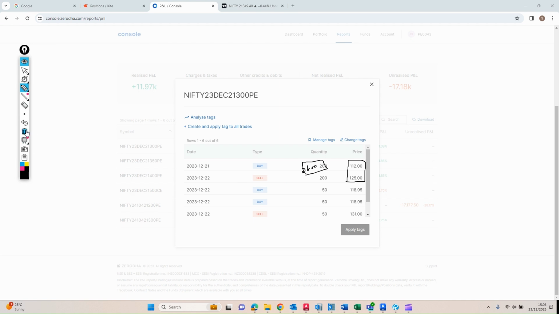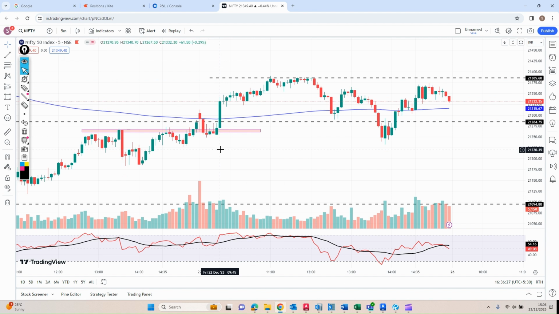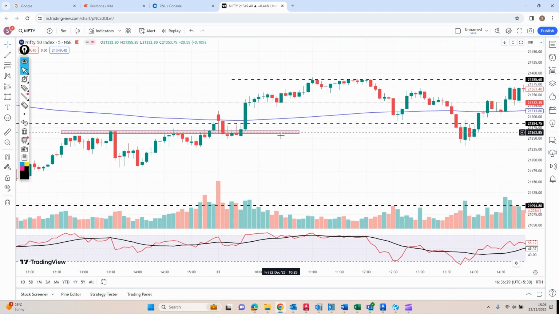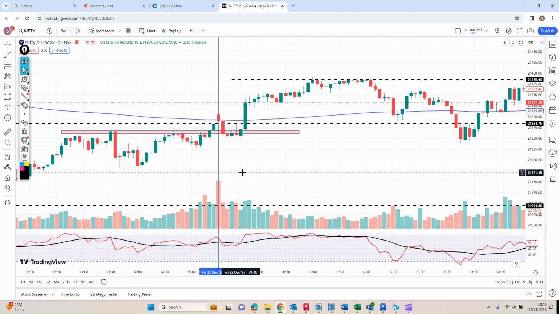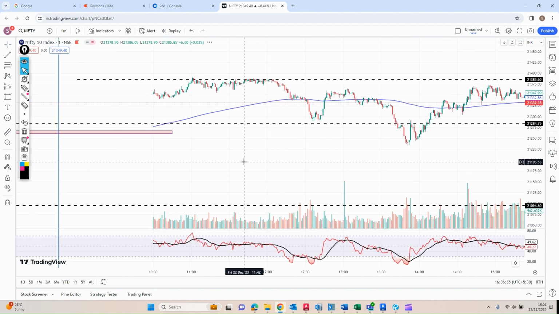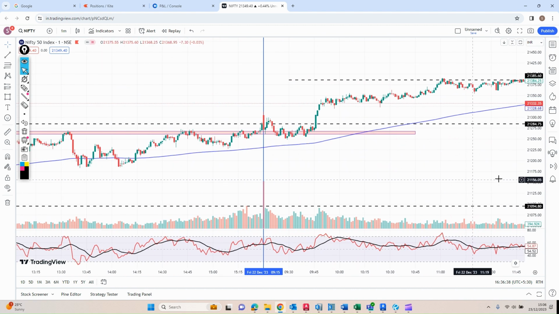So I squared off this position early morning, and then I went to the Nifty chart. Let me mark this vertical line and move on to the 1 minute time frame, and zoom out a bit.